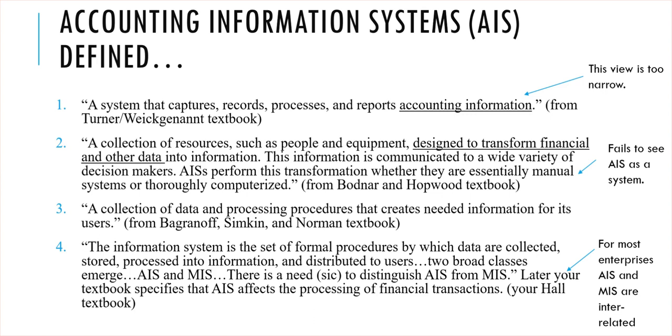So a good functioning AIS has to be a part of the total information technology perspective of the entire enterprise. You can't take accounting out and put accounting in a little packet over there and say this is the accounting.